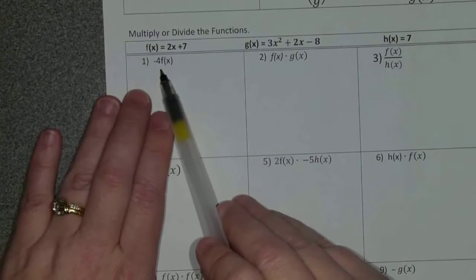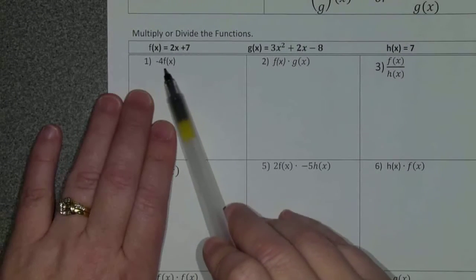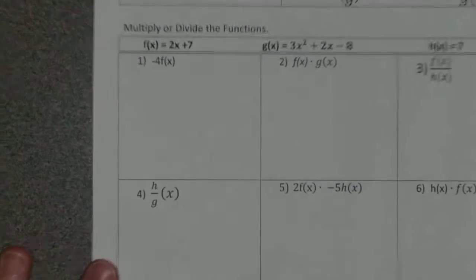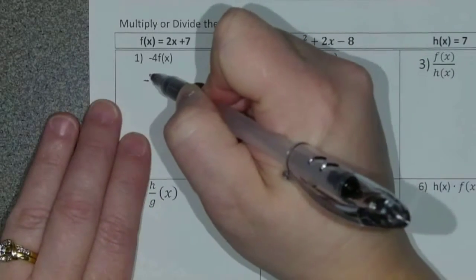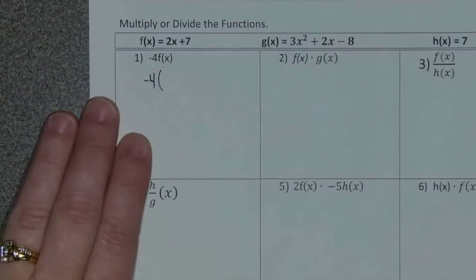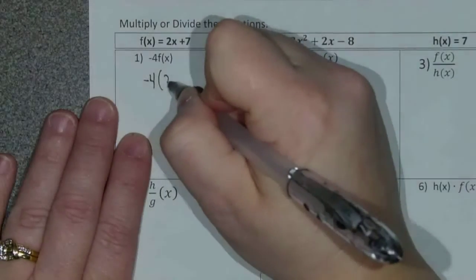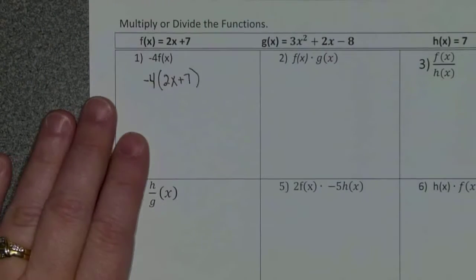So when you look at this first one right here, it says -4 times f of x. So what do you think I'm going to do with that? Distribute the -4 through the f function, right? So I would have -4 times, what's my f of x function? 2x plus 7. So I really am going to times 2x plus 7 times the -4.